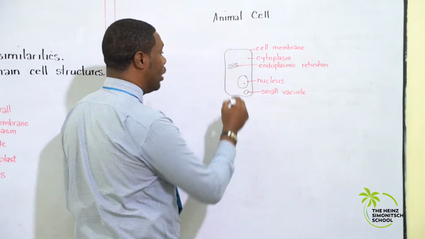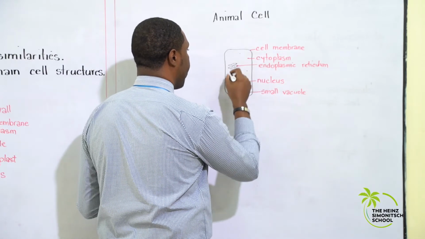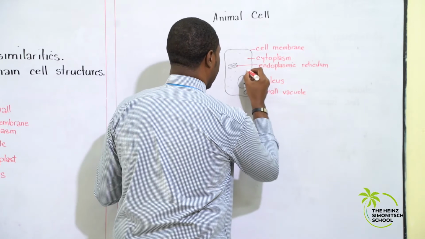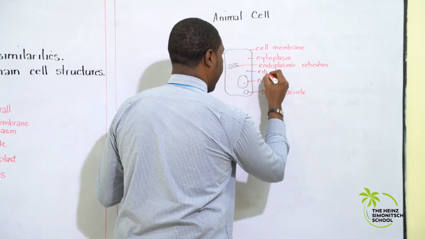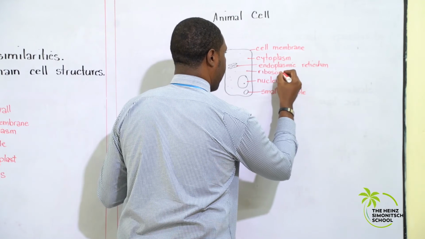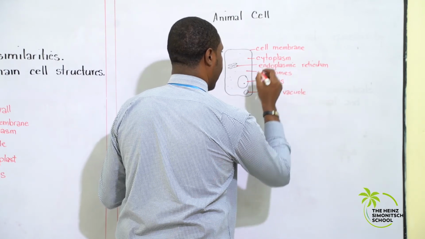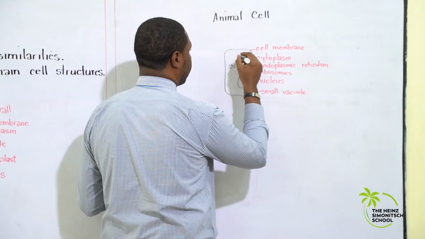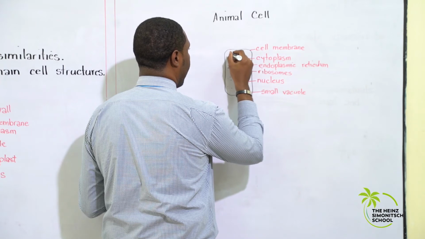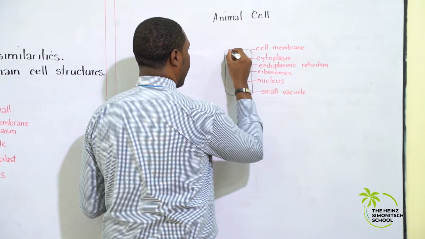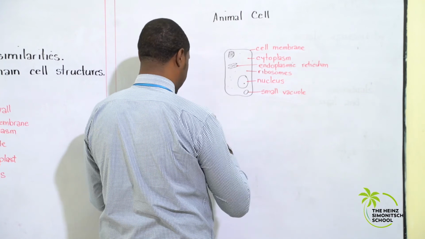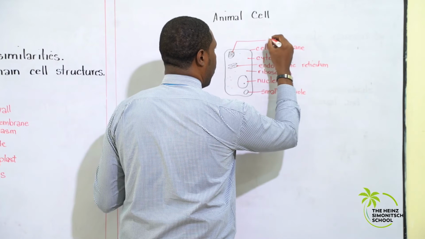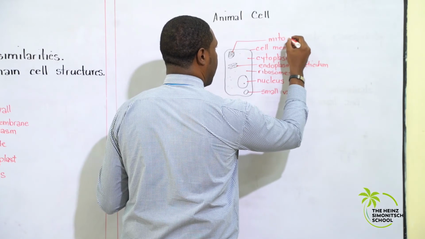The animal cell also has ribosomes. And of course, we have the mitochondrion.